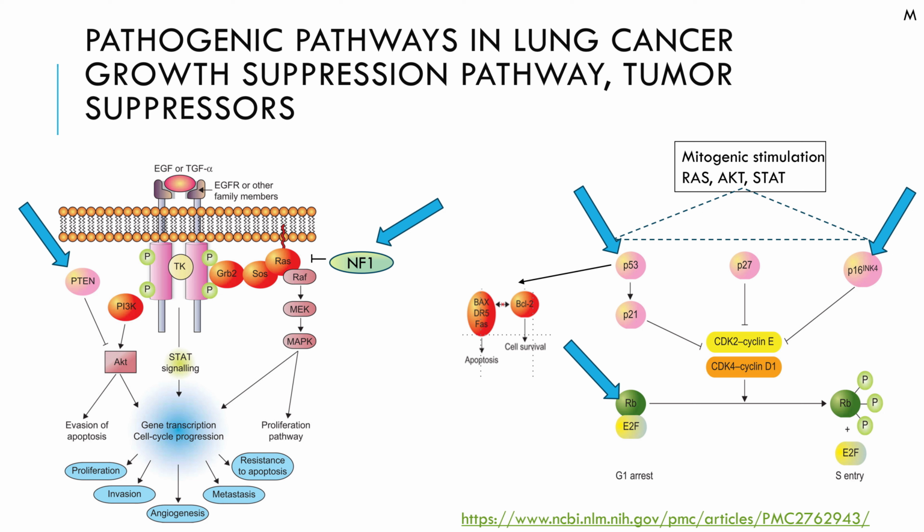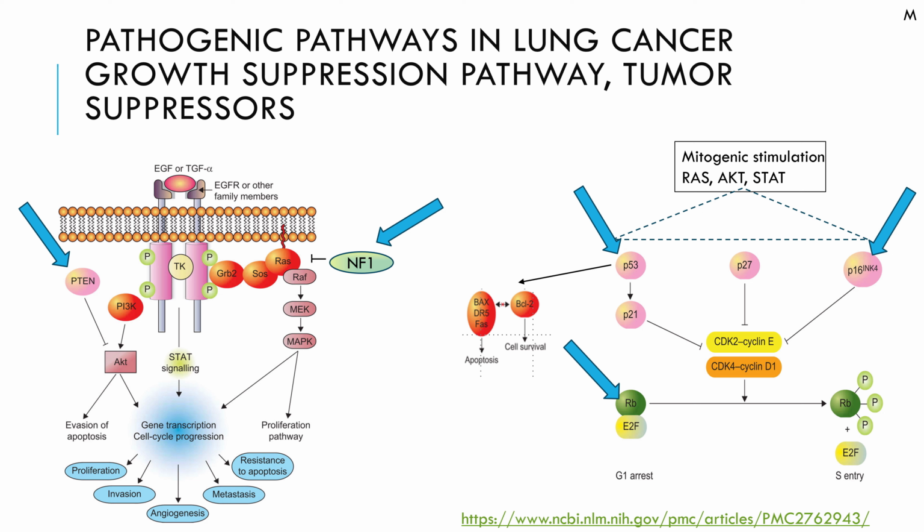Those are represented by P53 or TP53, as I've called it before, which acts as a transcription factor directly, and RB1, which we've talked a little bit about before, which reacts with a transcription factor called E2F. But these are very close to the nucleus and interact directly at the level of the DNA.